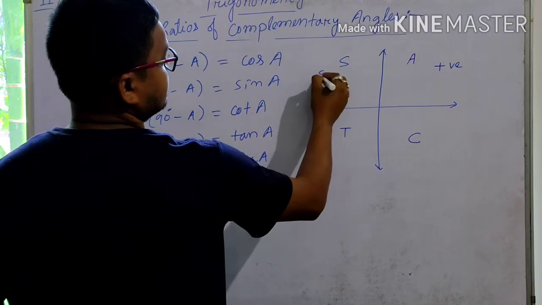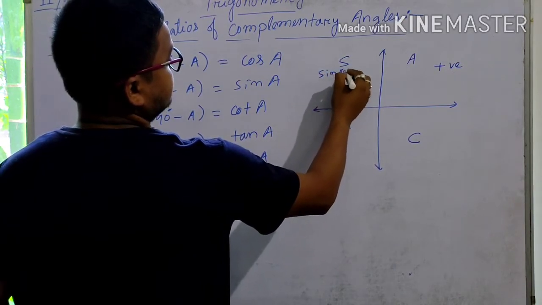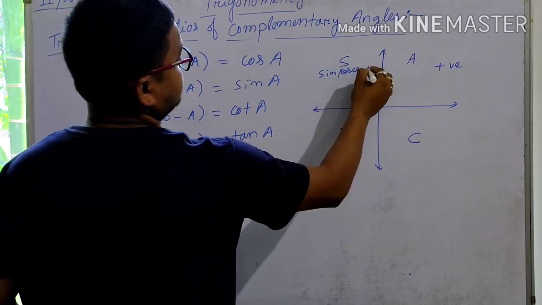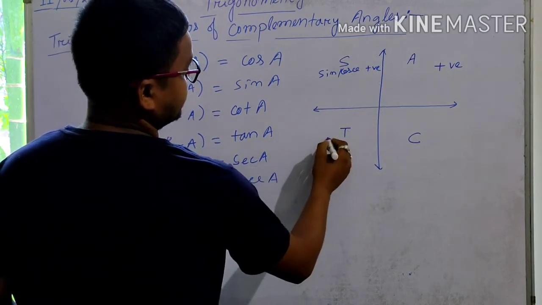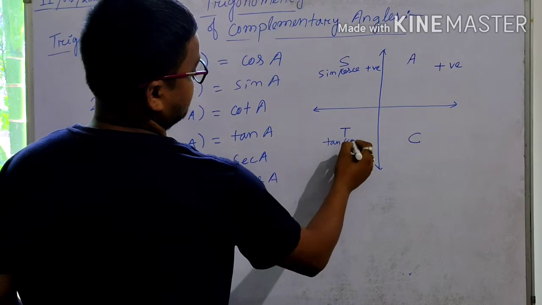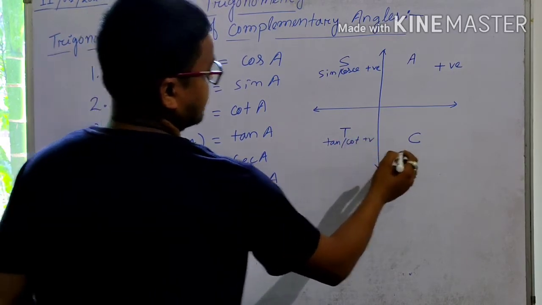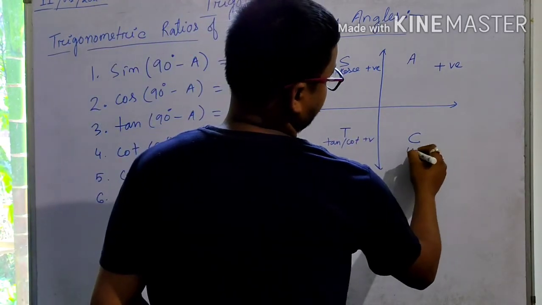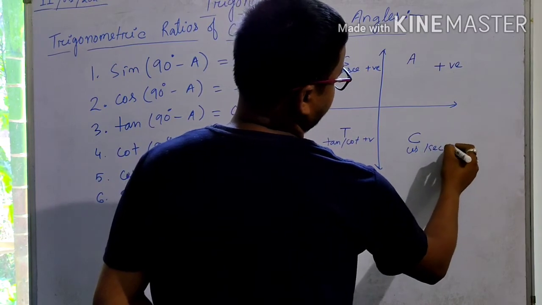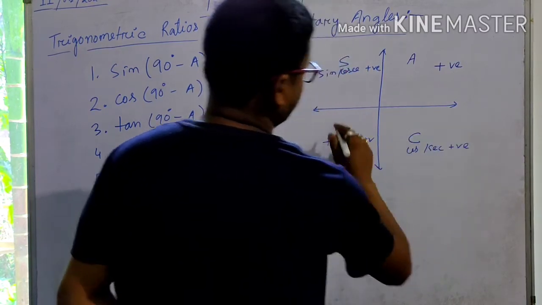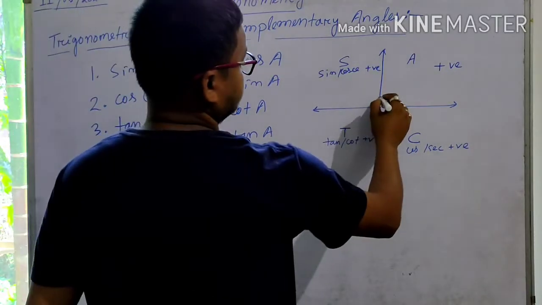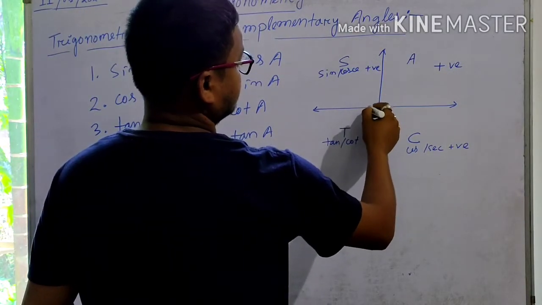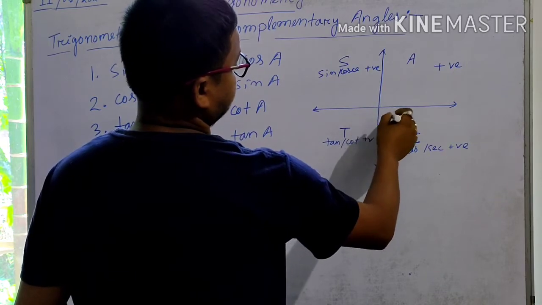Here sine and cosec are positive, and the others are negative. Here tan and cot are positive, and here cos and sec are positive, and the others are negative.